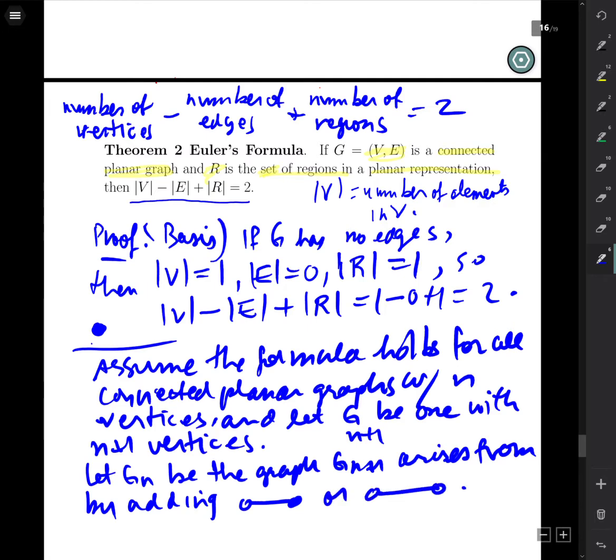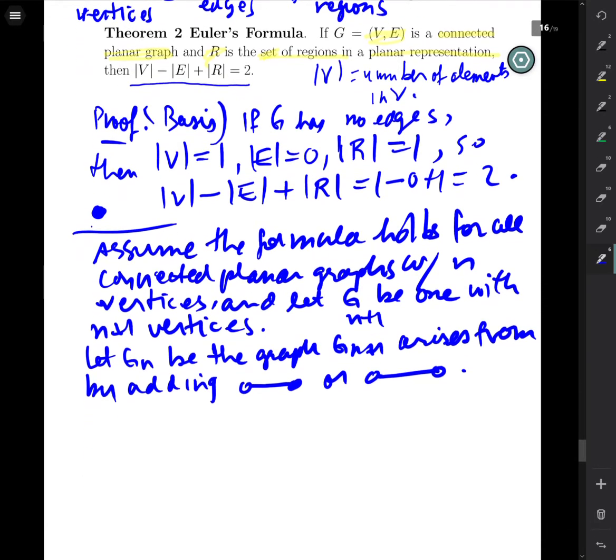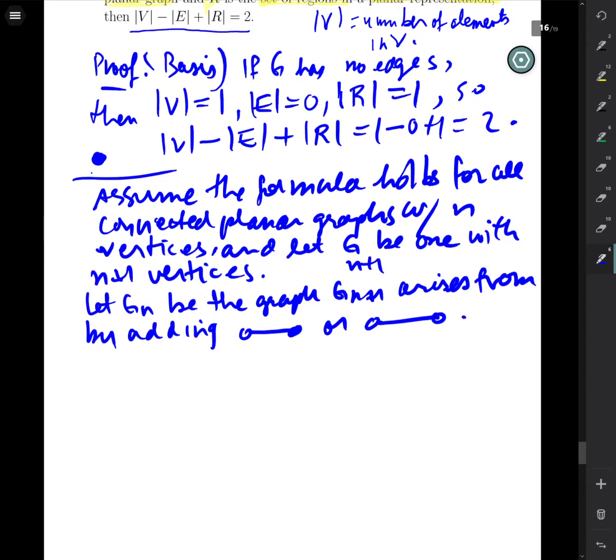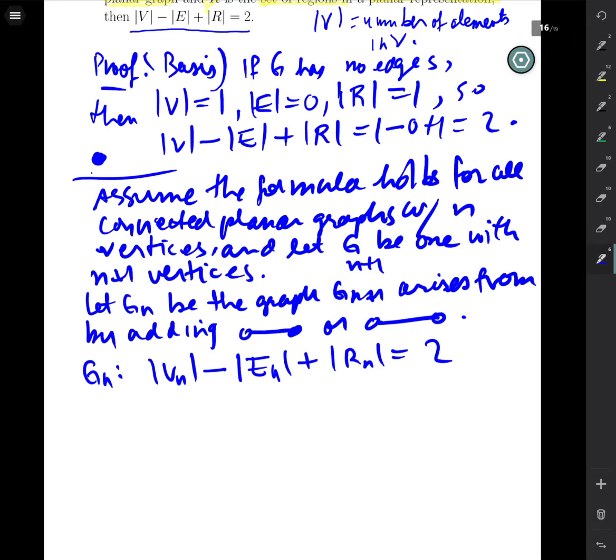Okay, so we know it's true for G_n by our induction assumption, and so for G_n we have the number of things in V_n minus the number of things in E_n plus the number of regions is equal to 2. And we're going to consider what happens for G_{n+1}.